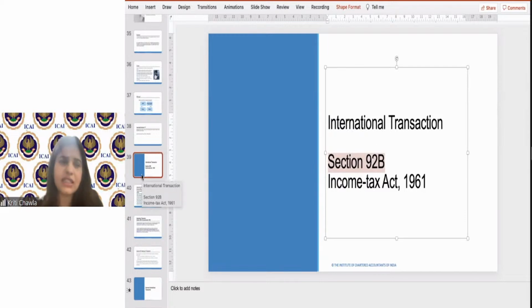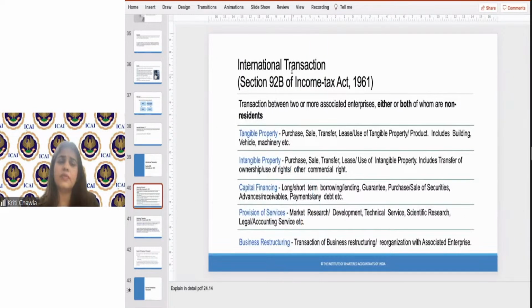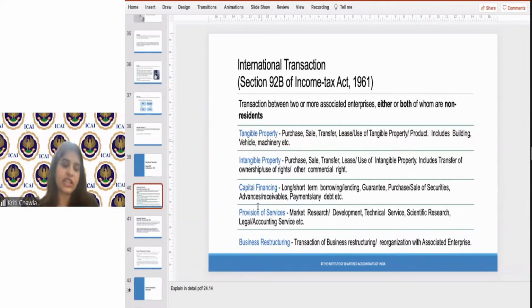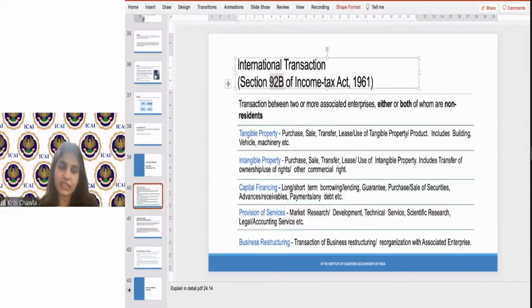So now what is 92B? 92B says that transactions between two or more associated enterprises, either or both of whom are non-residents, will be called an international transaction, and these are the transactions that they have identified. These transactions are what is provided in 92B.